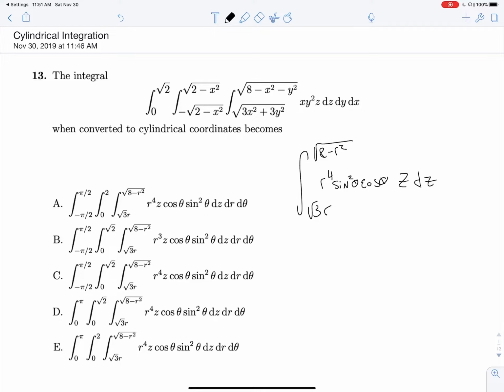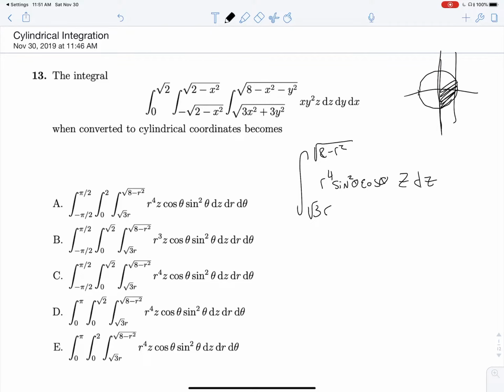And then just taking a look at our last two integrals, we see that this is going to be graphing out the xy shadow of our region, which is going to be bounded on top by the top half semicircle of radius root 2, and on the bottom by the reflection over the x-axis of that same semicircle, where x is running from 0 up to root 2.